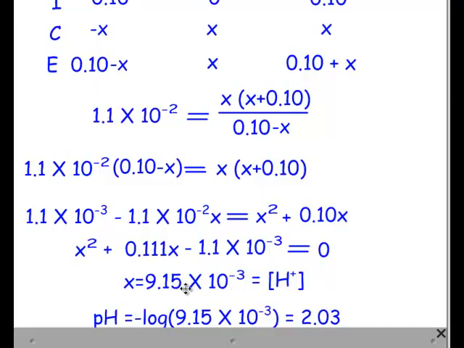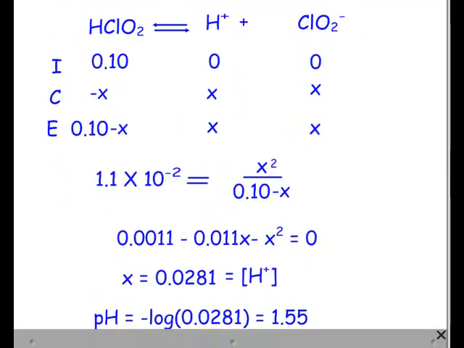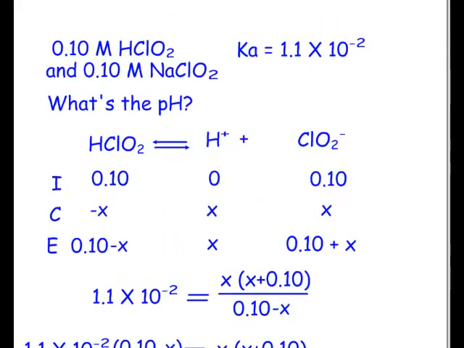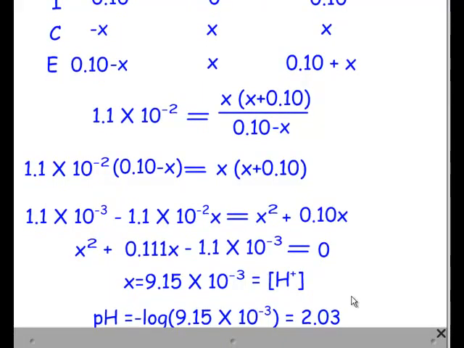This is a smaller number. 9.15 times 10 negative third is smaller than 2.81 times 10 negative 2 that we had in the previous problem. Where the pH back here was 1.55, the pH in the common ion effect problem is 2.03. The shift has indeed gone to the left.